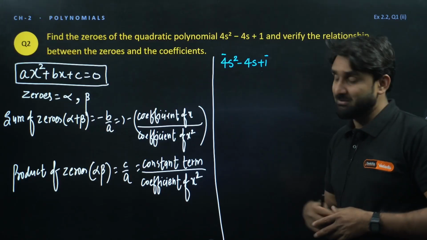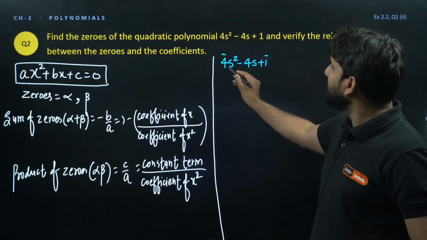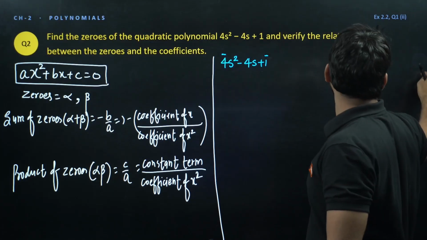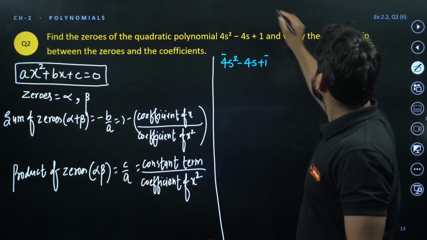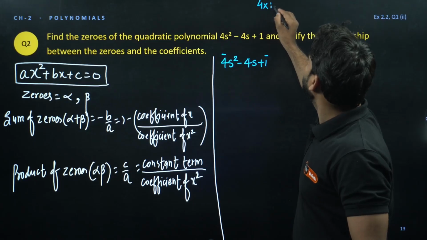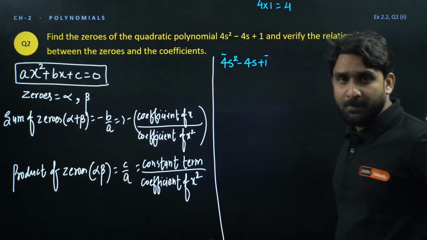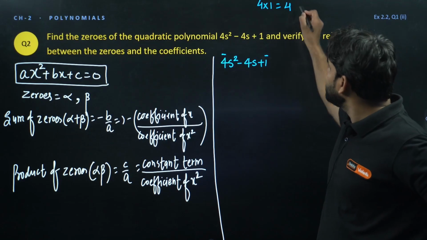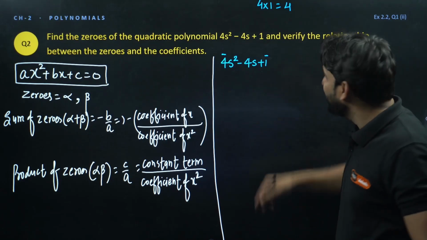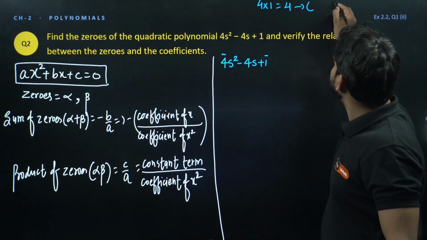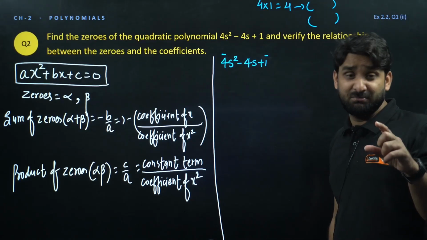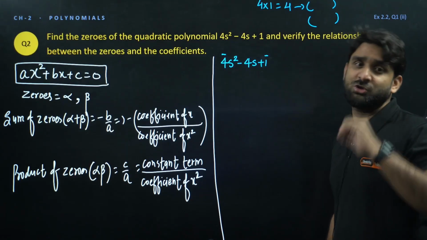So how to apply the middle term splitting method? Listen, champion. Always multiply a from c first. So if we multiply a from c, 4 into 1, what are we getting? 4. Now for this 4, make pairs of numbers whose multiplication will be 4.